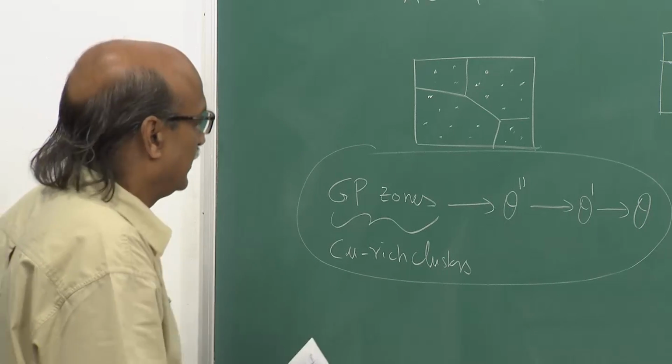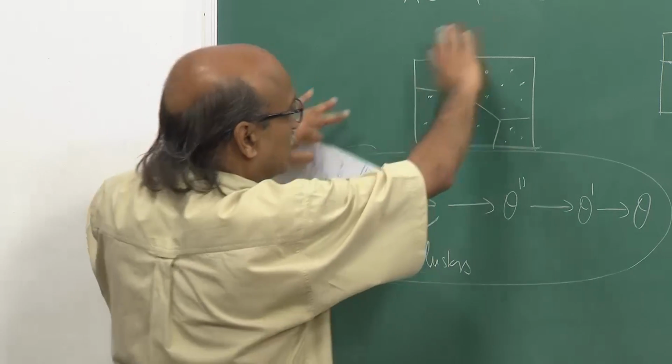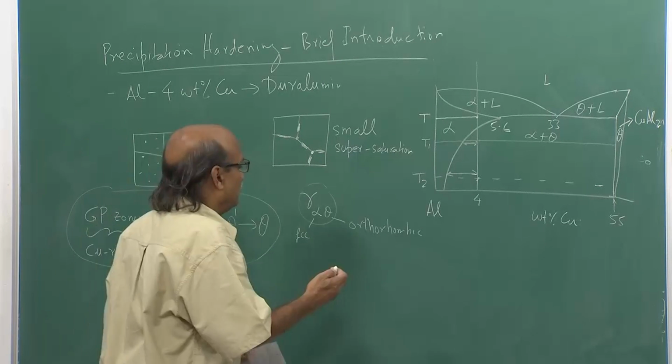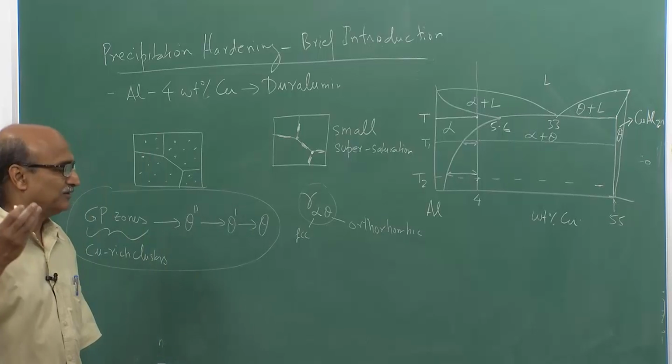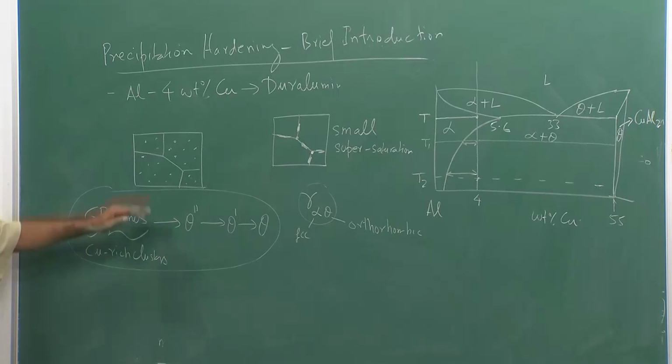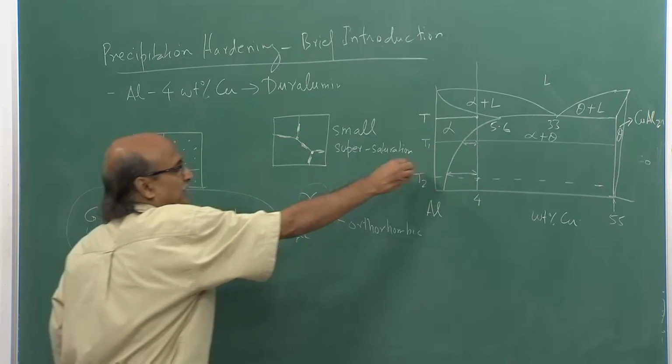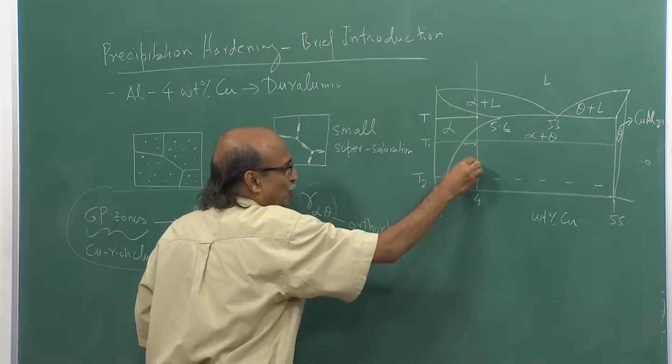And finally, the practical steps involved to produce precipitation hardening are actually very, very simple. There are 3 steps required to produce precipitation hardening. You do not have to take the alloy to this temperature and then quench to T2.